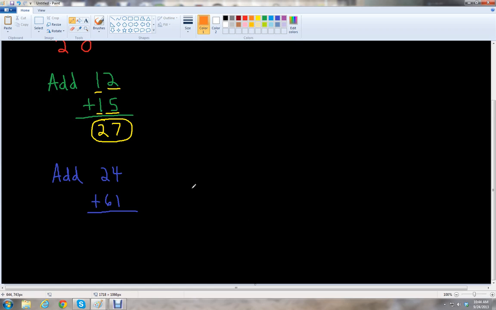So again, we look in the ones digits and add those together. So we have 4 plus 1 is 5. And then we look in the tens digits. We have 2 and then we have 6. So we add those together. 2 plus 6 is 8. So we get 85. And that's our answer, 85.